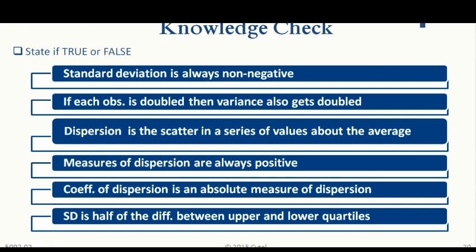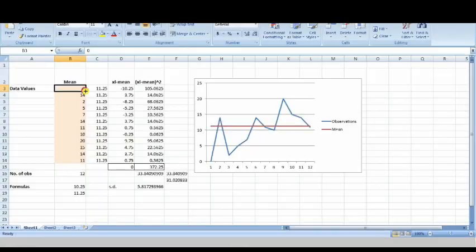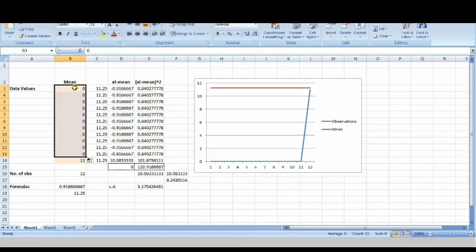Now when will you think that the standard deviation is 0? What do you think? Do you have any idea? When can the standard deviation be 0? All the values are 0, then everything is 0.